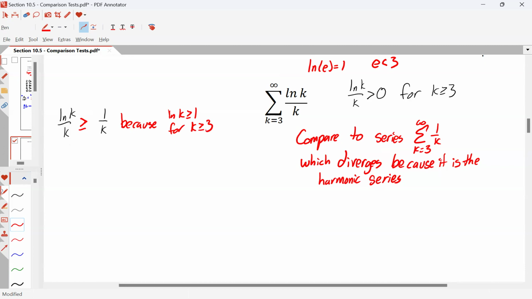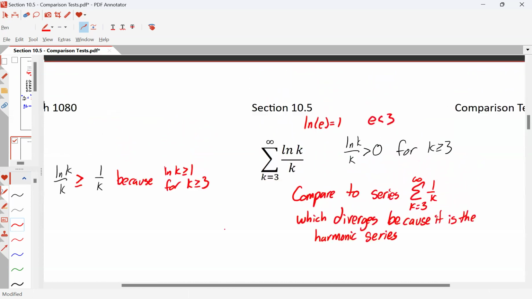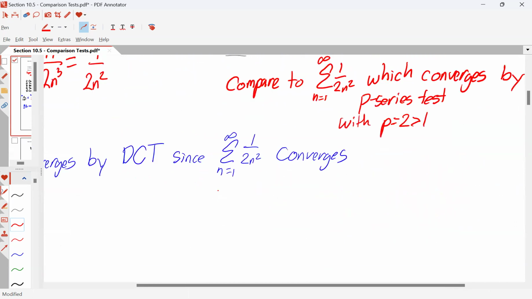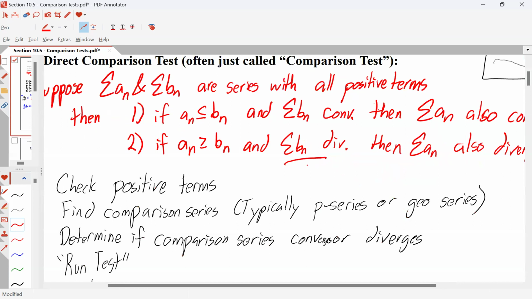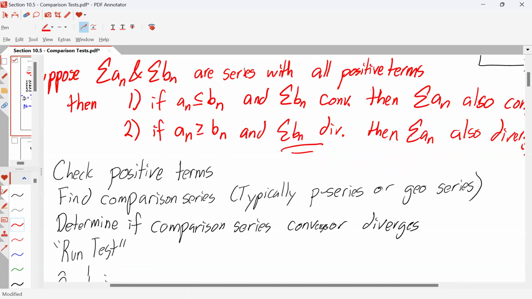So we've run our test. We know for a fact the natural log of k over k is bigger than 1 over k. We have what we're comparing to. We ran our test. And going back to our test, what we're comparing to diverges, and the sequence an is bigger than the sequence bn.